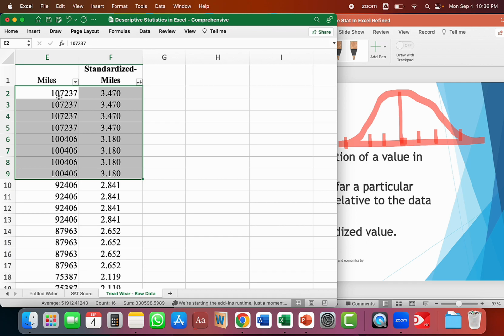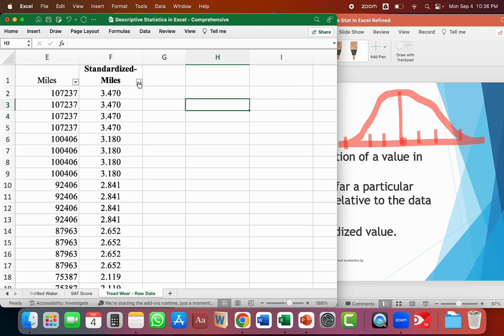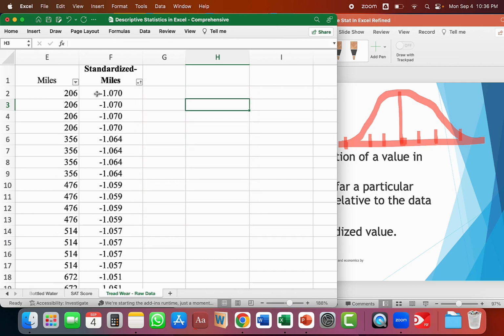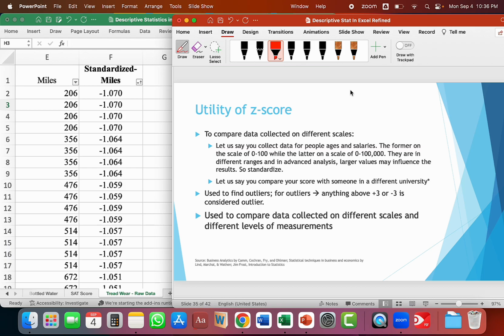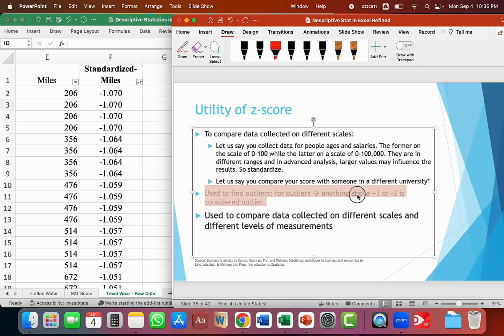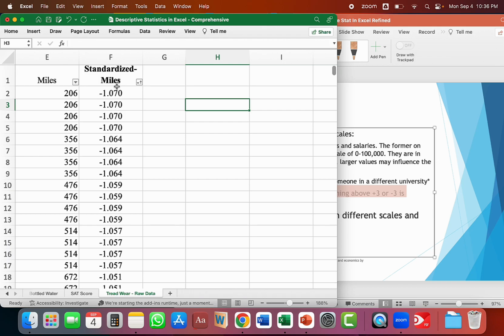So we can consider them outliers, or these are tires that went extra long. Similarly, on the lower side, the lowest value is minus 1.07, and the rule is that it should be between plus 3 and minus 3. We don't have any problem on the lower side.